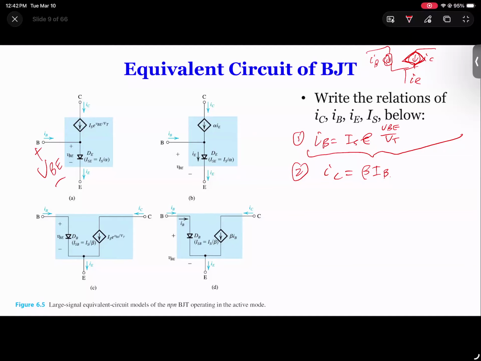So that is the same equation I drew on the top right corner. It's just I replace the IB with what is given, and we can come to understand what are we really doing?